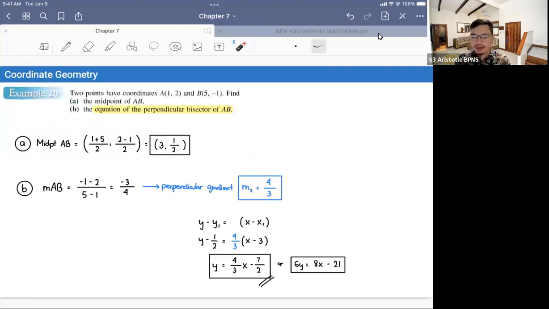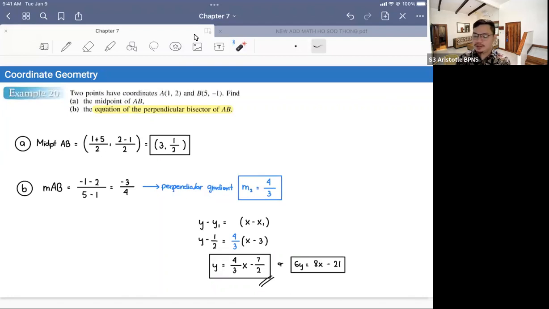Example 20 here is asking us to find the equation of the perpendicular bisector of AB. Actually, this is a guided question because it's already telling you that you need to find the midpoint of AB.